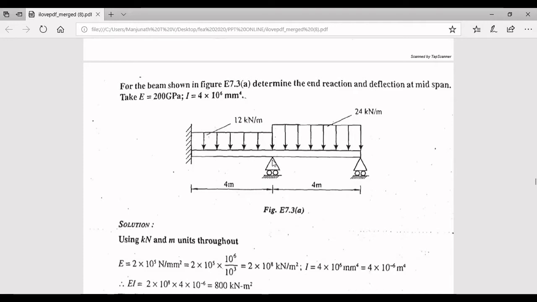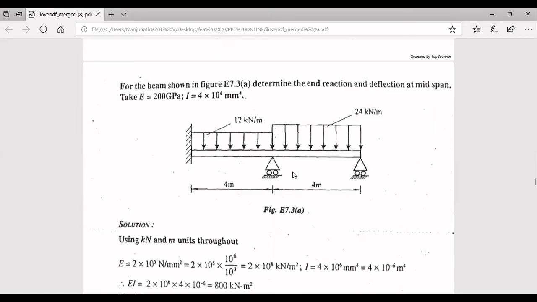Similarly, at node 2 the roller support is there, hence vertical displacement is not possible, so V2 we assume as 0. Similarly, at node number 3, V3 we assume 0, and we only need to determine the nodal displacements that are slopes, theta 2 and theta 3.